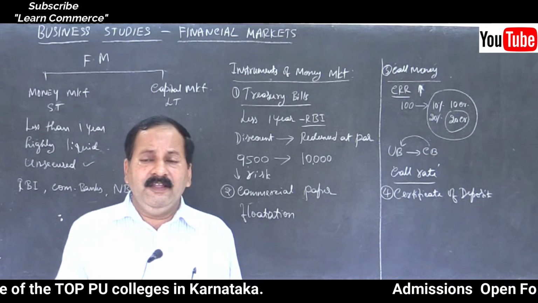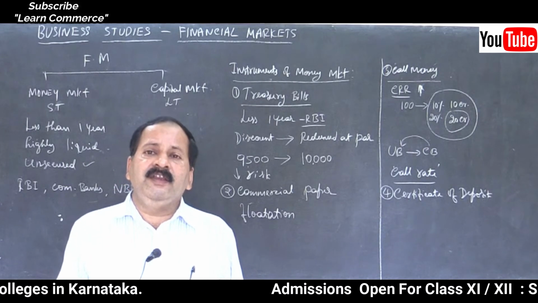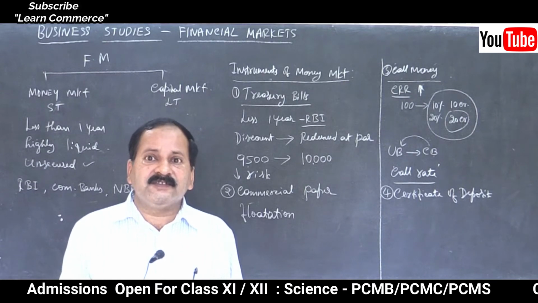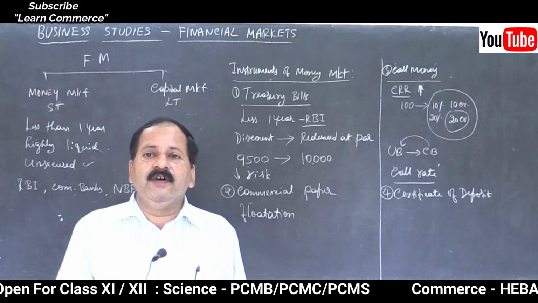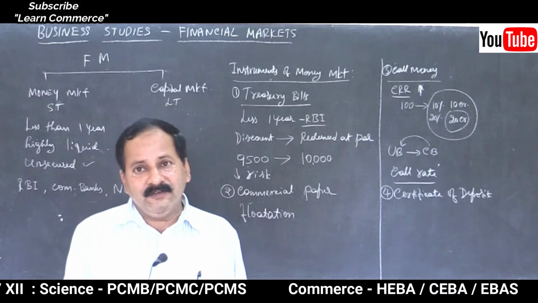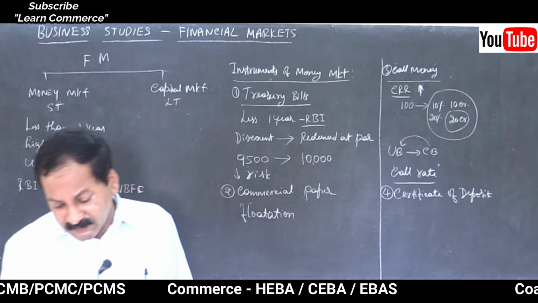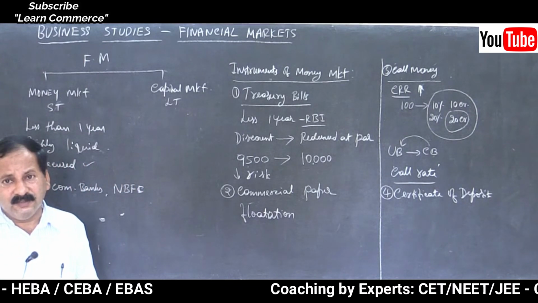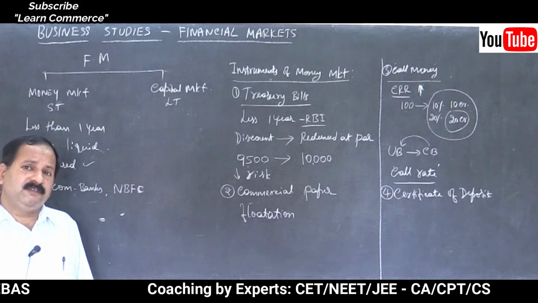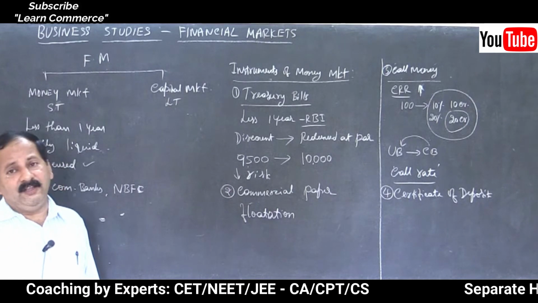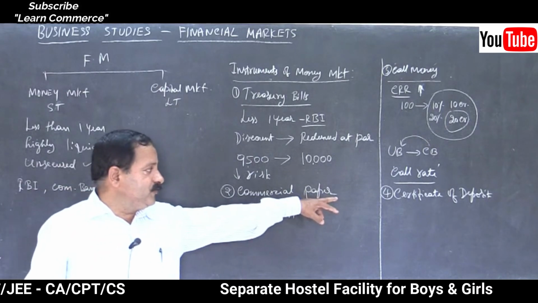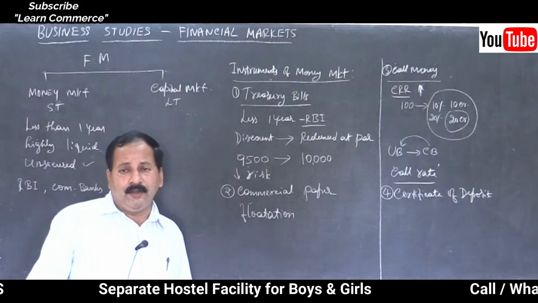To pay for the raw materials, we need some amount of money, and that is called the working capital requirement of the corporate entities. So to meet such tight liquidity of corporations and business organizations, commercial banks will issue these instruments which are called certificate of deposit.